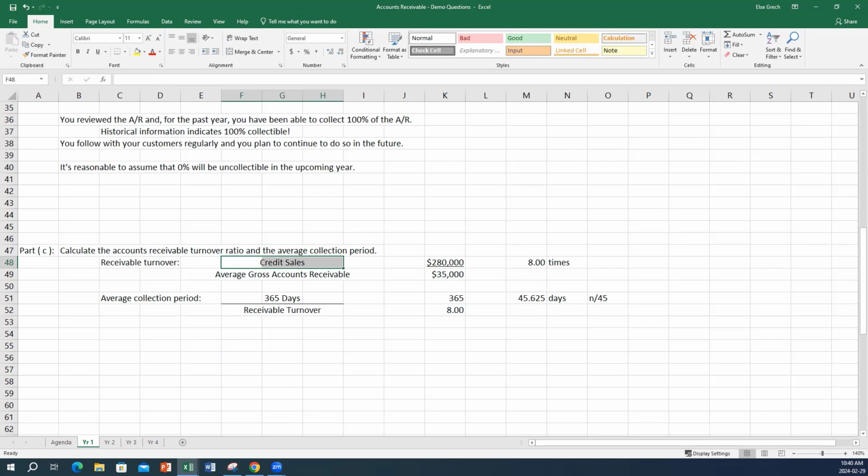And as long as you consistently choose the same basis for calculating the ratio, the outcome of this ratio is useful for period-to-period comparisons. And even if we wanted to compare two companies within the same industry, since almost all companies don't report credit sales, we're using the same base information to calculate the ratios to compare the two companies.